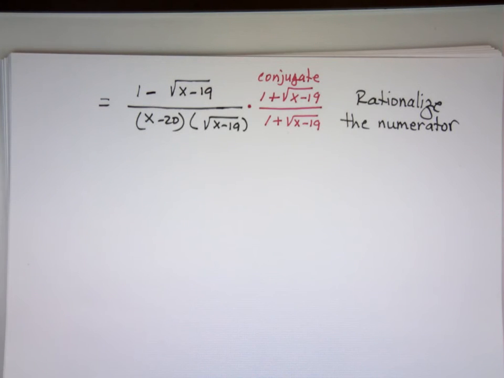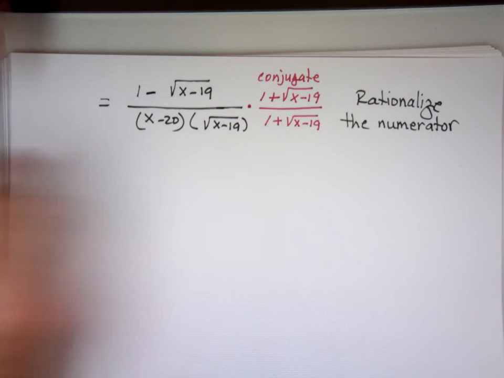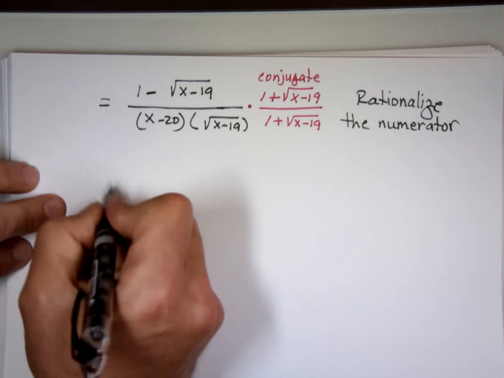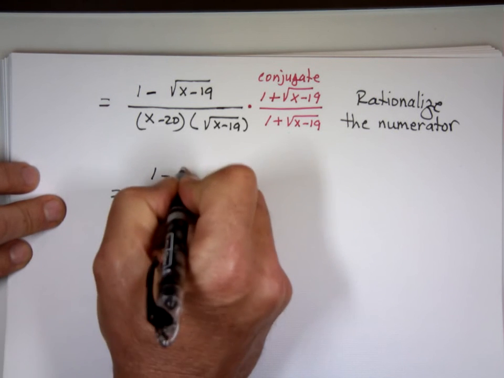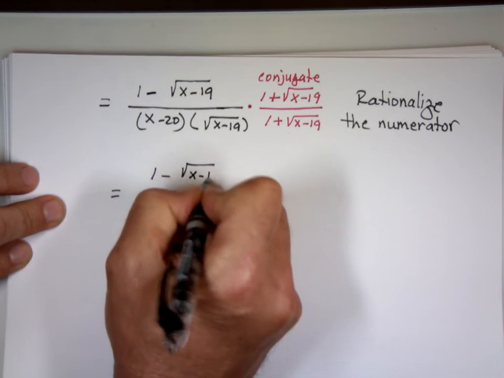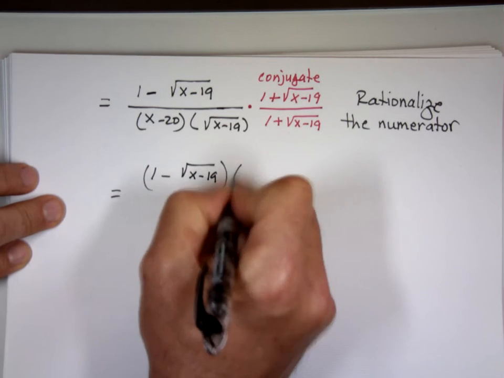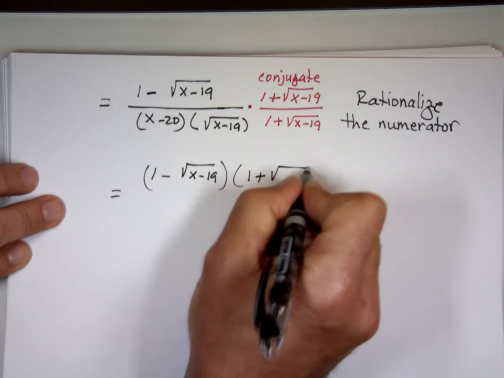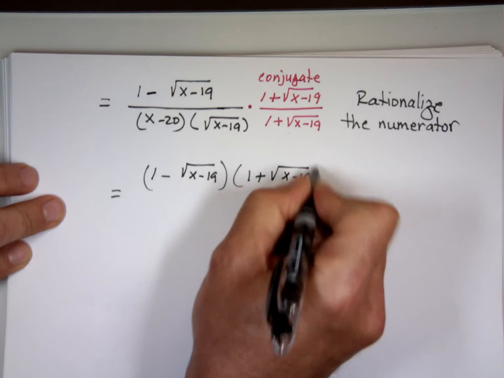We make it a plus. So you'll have on the top 1 minus. You'll see in a second why we switch the sign. This would be a lot more work if they said rationalize the numerator there.